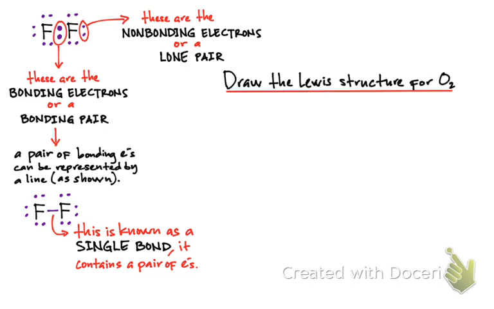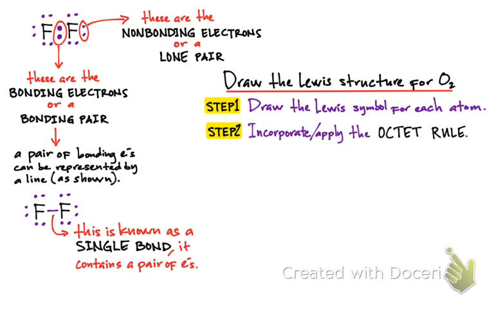Now let's draw the Lewis structure for oxygen gas. Again, the first step here is to draw the Lewis symbols for each oxygen atom. Then start sharing the electrons so that both oxygen atoms will have a complete octet.